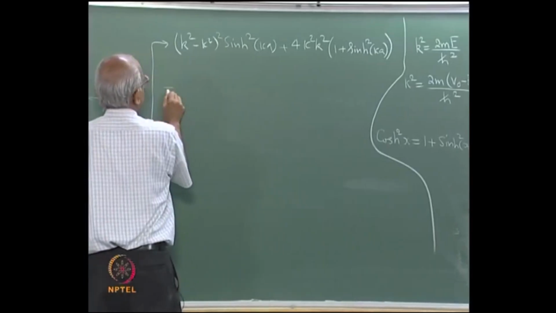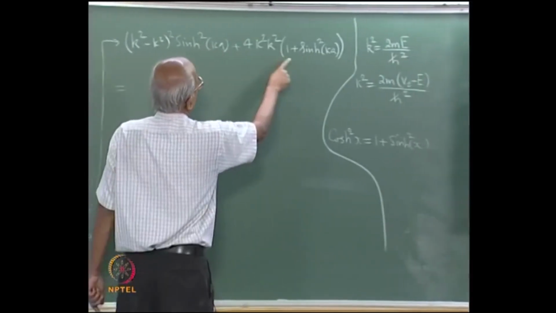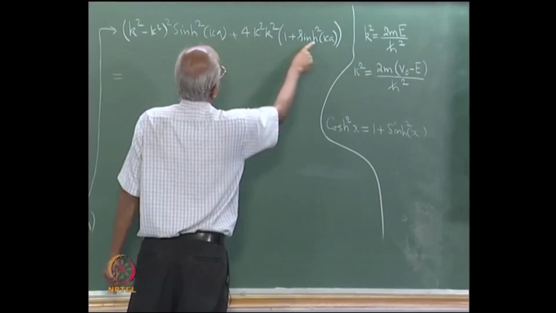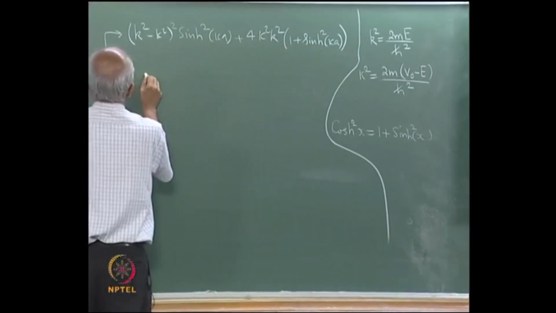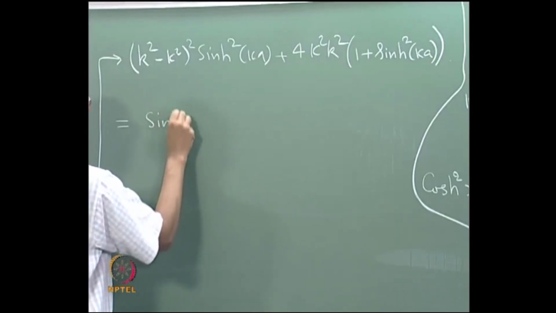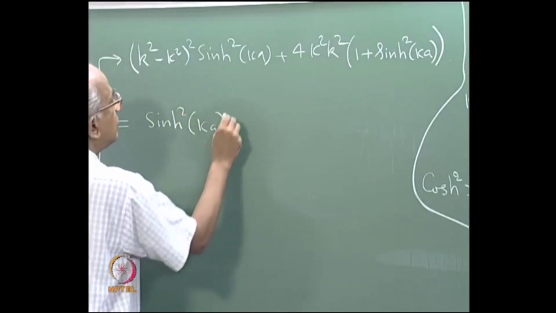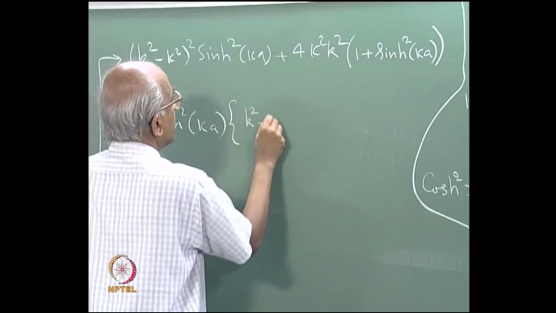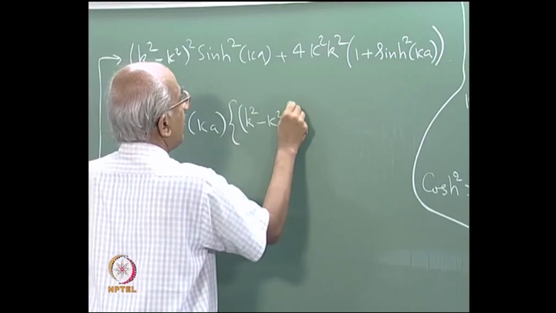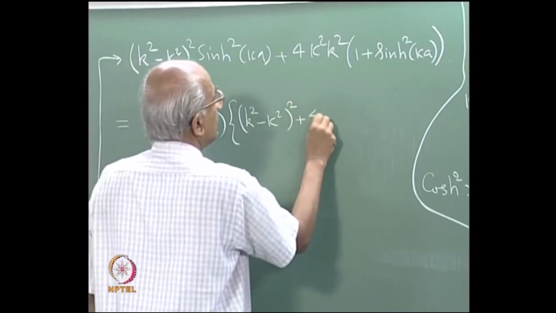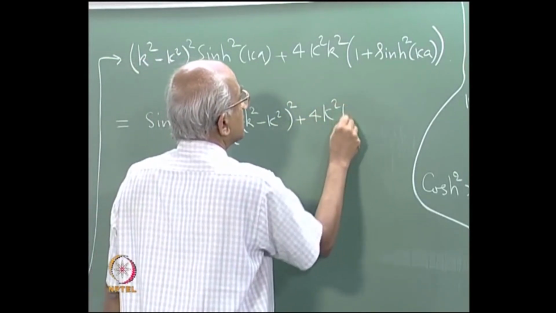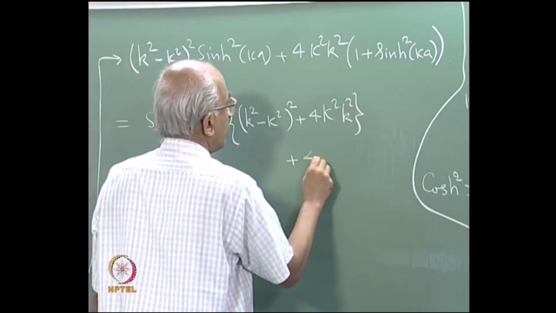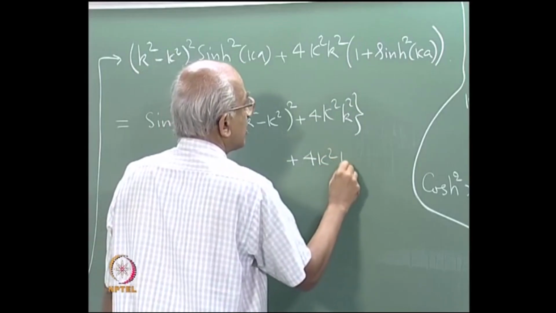And that actually is equal to, you can see that there are terms common in, right, there are terms that contain sinh square. So I will write this as sinh square kappa a into (k square minus kappa square) the whole square plus 4 kappa square k square plus 4 kappa square k square.